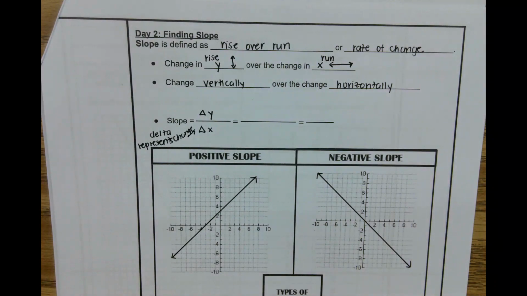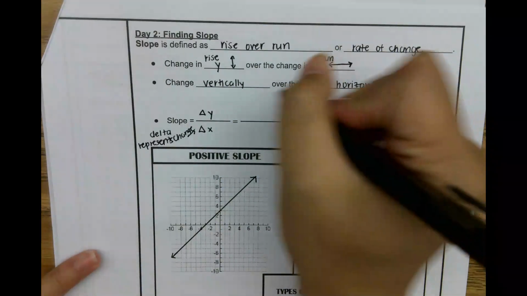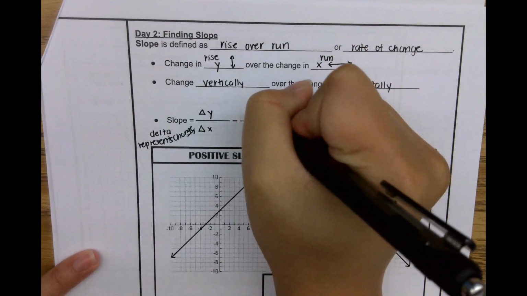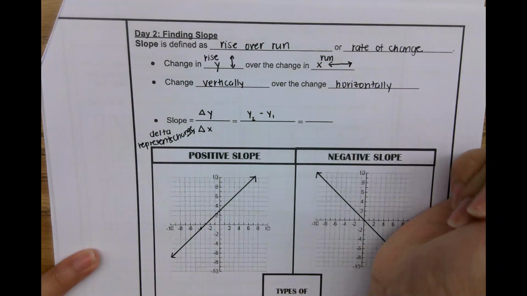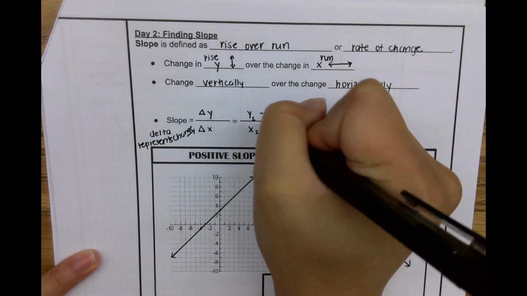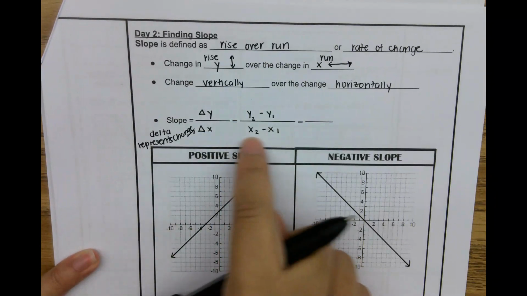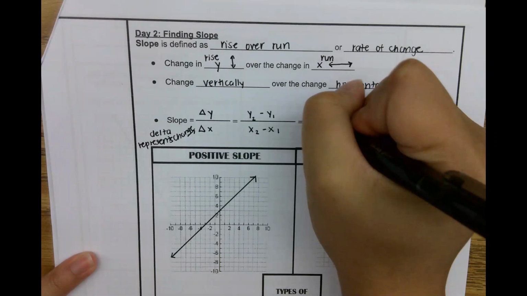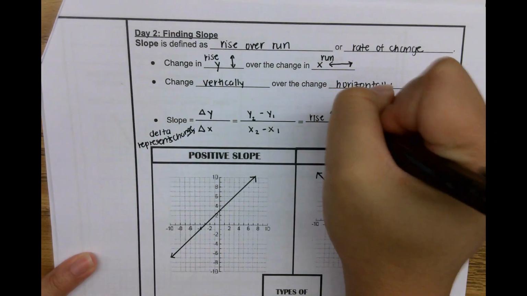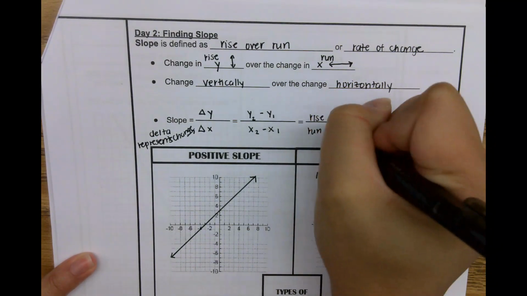And so the formula for that, if you were given 2 points, is y sub 2 minus y sub 1 over x sub 2 minus x sub 1. So how did our y change divided by how our x changed? And this is rise over run.